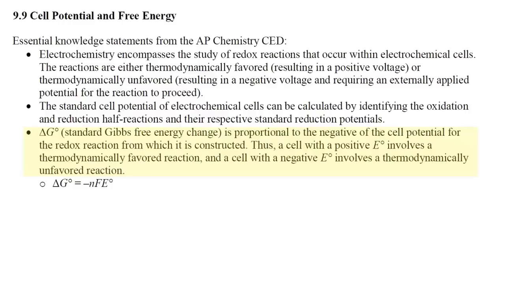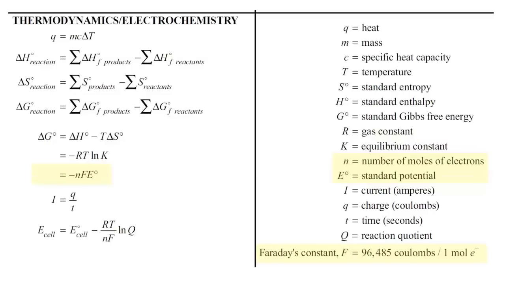Now, the last equation that you can see on this slide, delta G is equal to negative n times F times the cell potential E. That equation is featured on the AP Chemistry equations and constant sheet. So we know that delta G is the change in the standard Gibbs free energy. The lowercase n represents the number of moles of electrons.